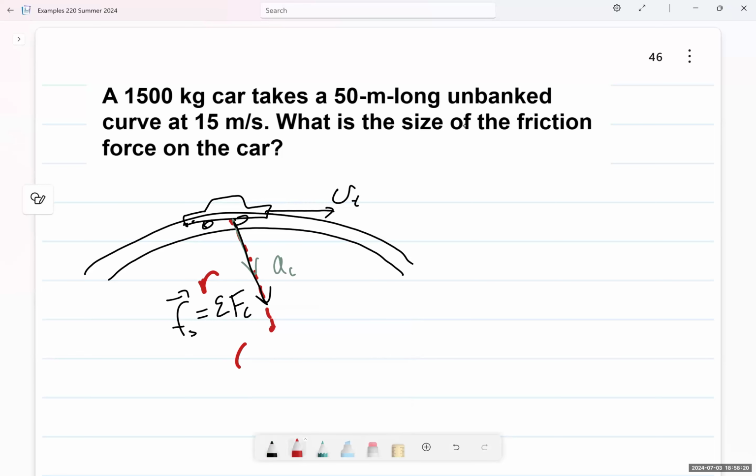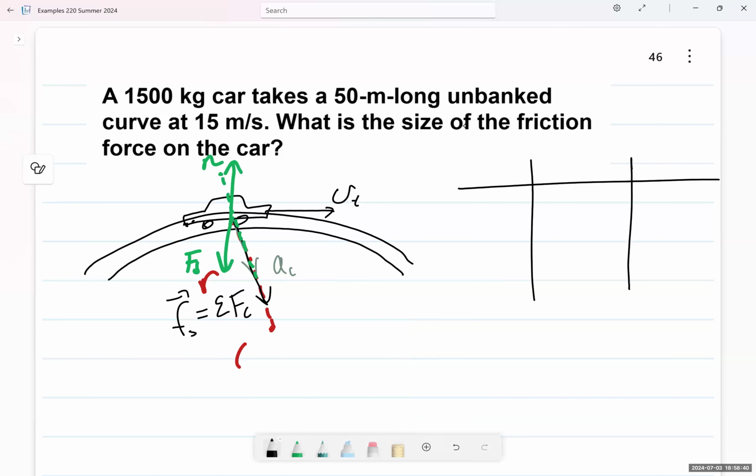If I'm looking at all the forces acting, I have the normal force, which is perpendicular to the plane, straight up, and gravity, which is straight down. That means the only radial force is the static friction. You can make a table here, with an x component, or a radial component.